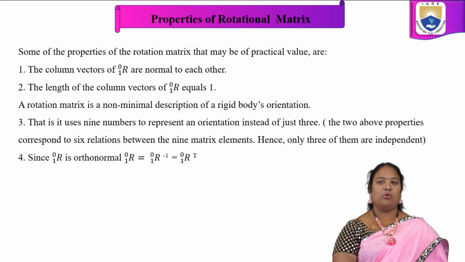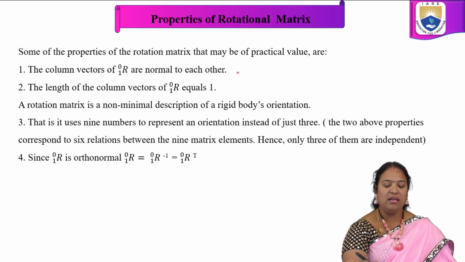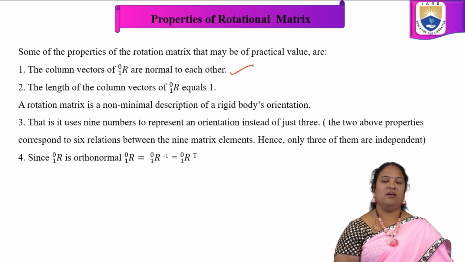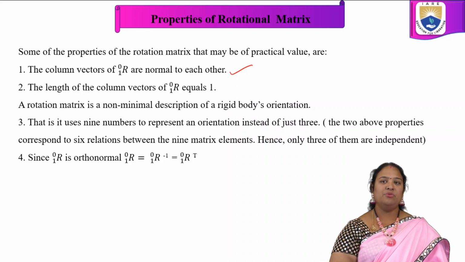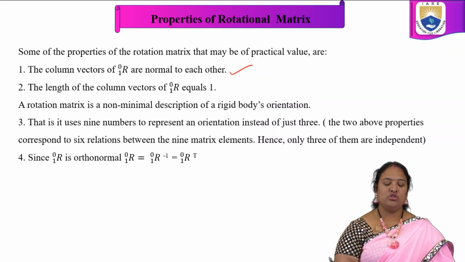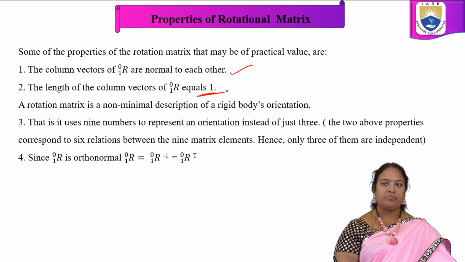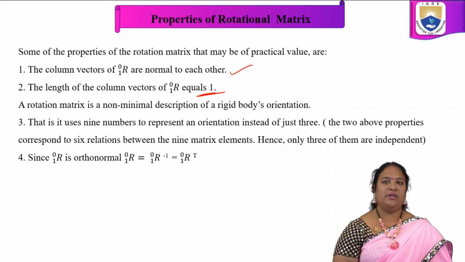Firstly, the column vectors of the rotational matrix from frame 1 to 0 should be normal to each other, and the length of each column vector should always be equal to 1.